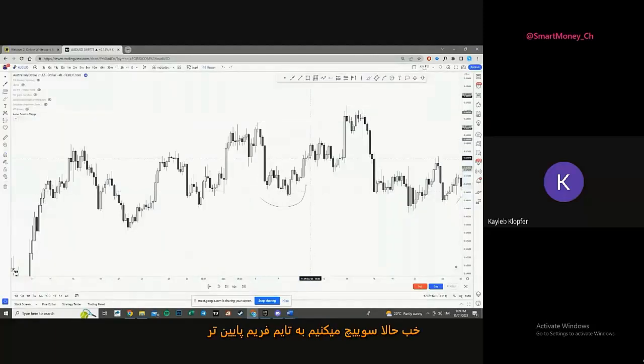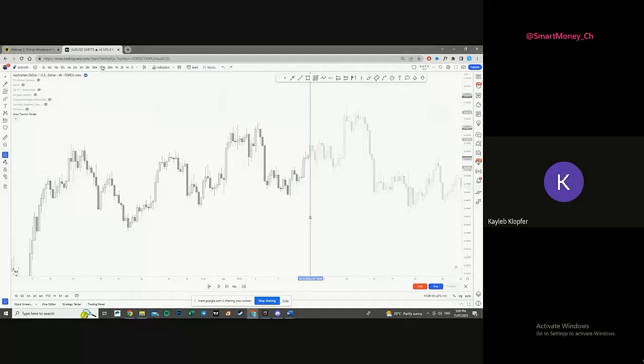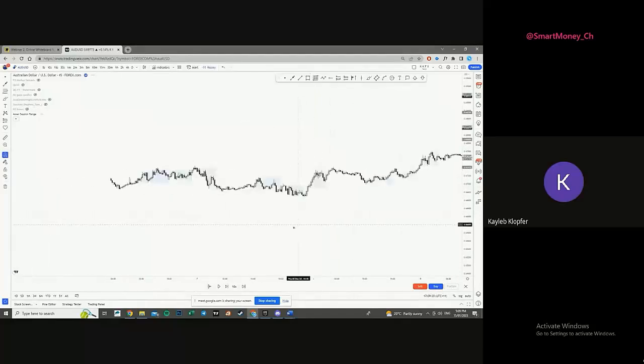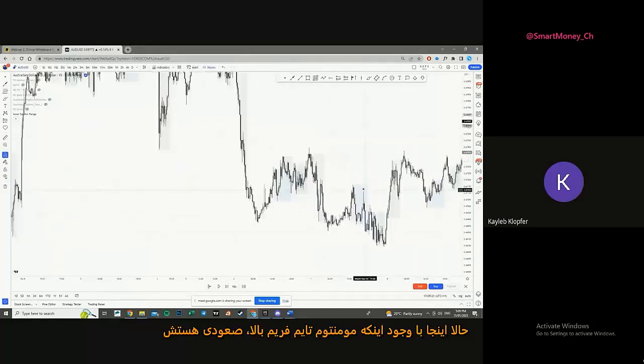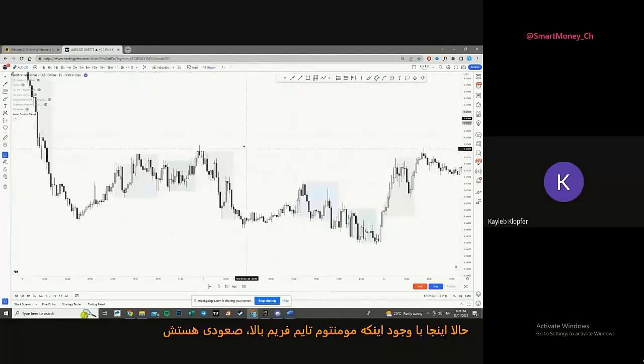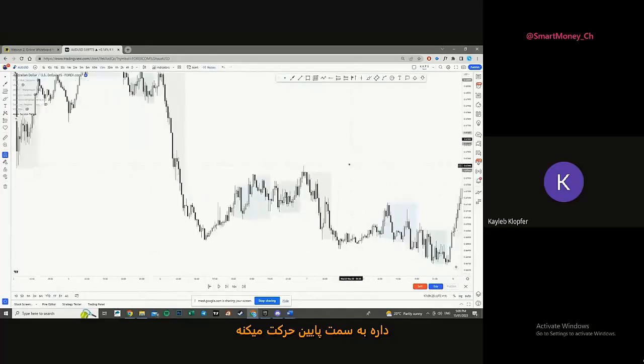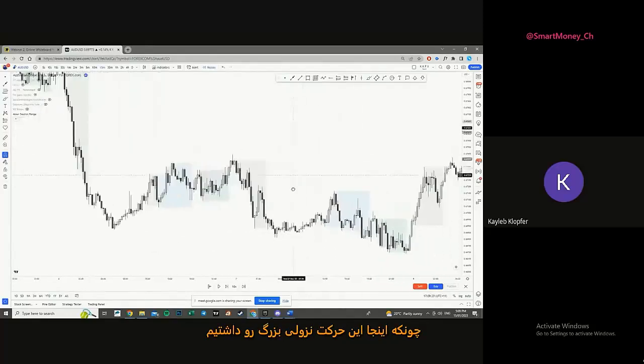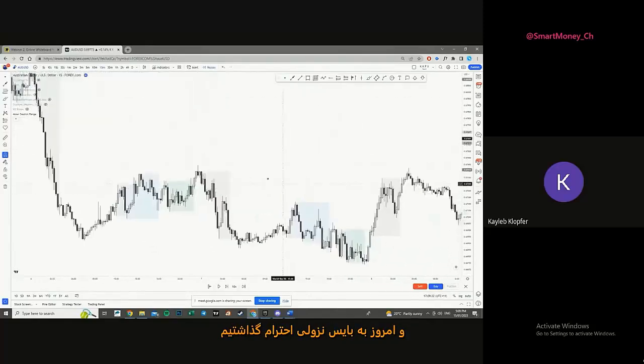So let's zoom to a lower time frame. Now when we're here, even though our high time frame momentum is up, it's down, isn't it? Because we had this big move down, and today we respected our bias of moving down.